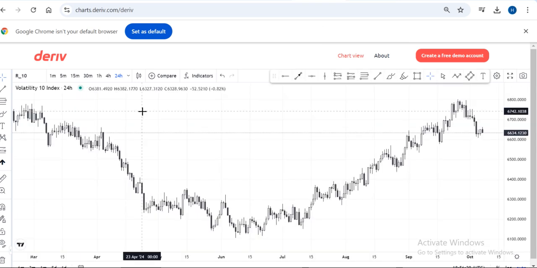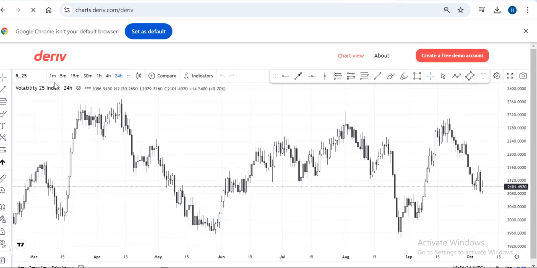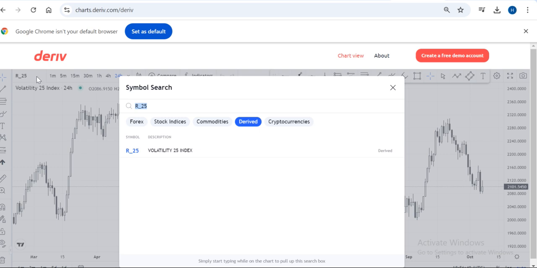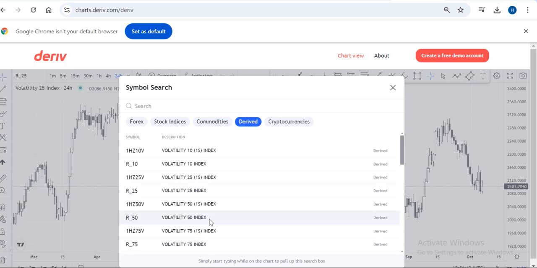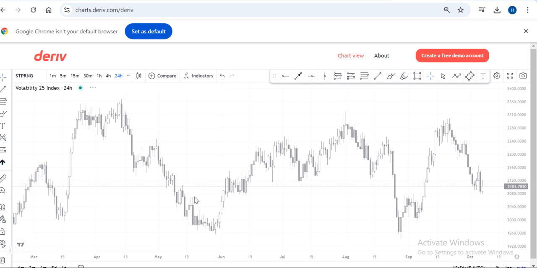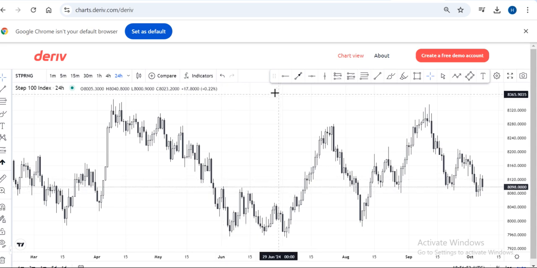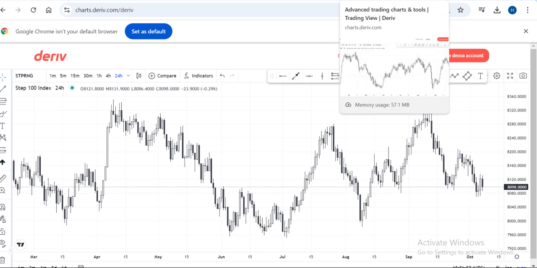The second tab, I use for analyzing the 5. The last, I use to analyze the step index, which I'm in serious profit on today, massive profit. So these are the pairs I analyze on the volatility sections. Are you with me?